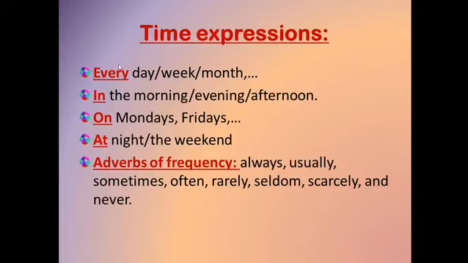So again, time expressions are keywords that if I see in a sentence, I'll know that I have to use the present simple. I have every day, every week, or every month, in the morning or in the evening or in the afternoon, on Mondays, on Fridays, on holidays, at night, or at the weekend, and the adverbs of frequency: always, usually, sometimes, often, rarely, seldom, scarcely, and never.